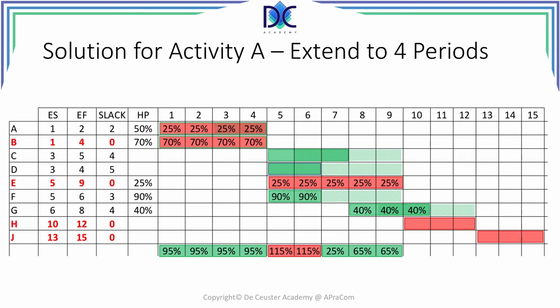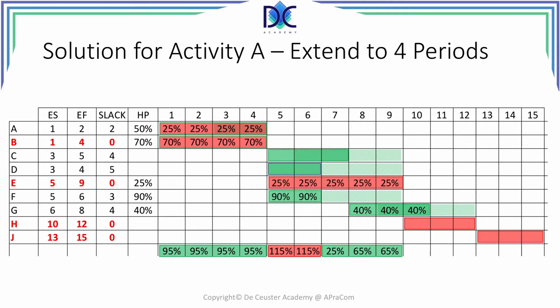We also see that the activities C and D moved to a new start date in period 5, and activity C has a successor, which is activity G. That successor moves to start at period 8. So now we have to concentrate on periods 5 and 6.